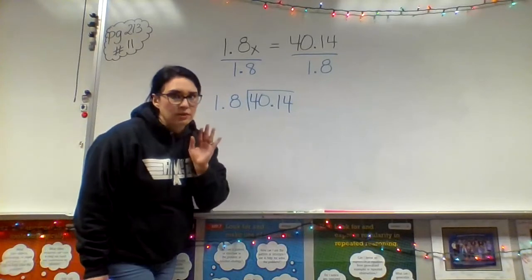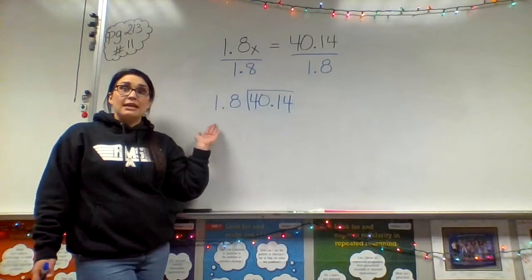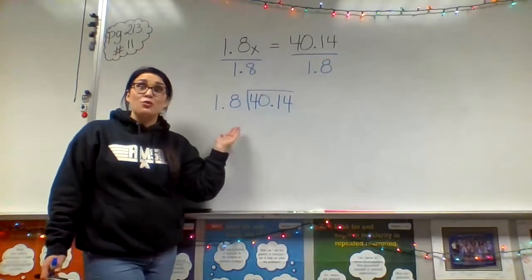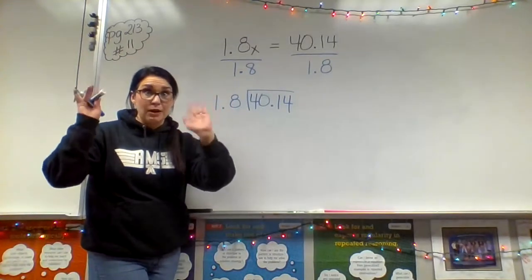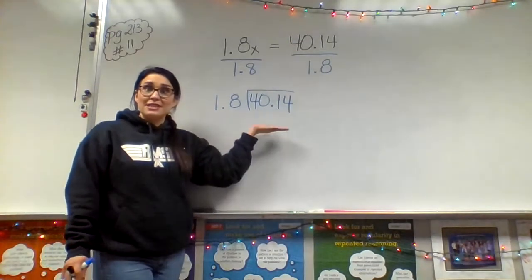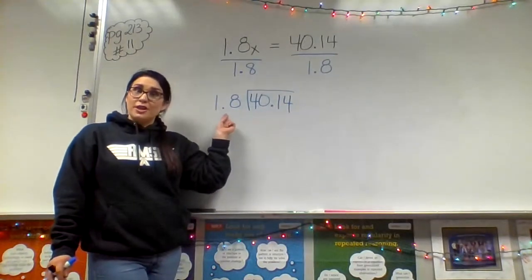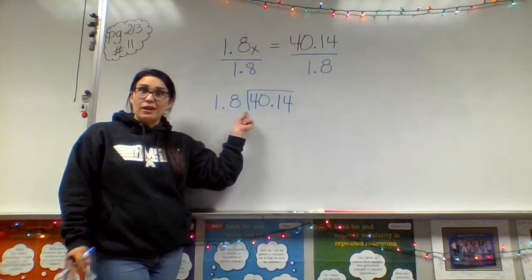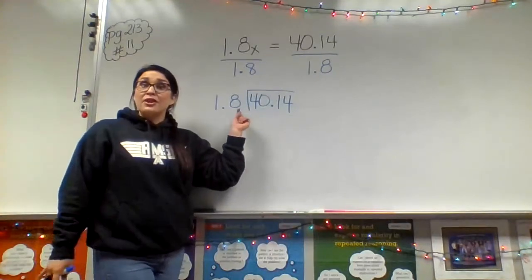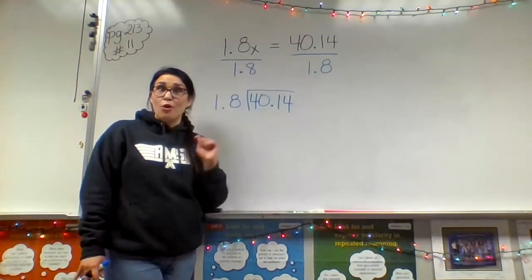What you're really doing is you're multiplying by 10, right? So that instead of 1 and 8/10, multiply that by 10, you get 18. But remember, whatever you do to your divisor over here, you also need to make sure that you do to your dividend over here. So if you're scooching your decimal back one spot over here because you're multiplying by 10, then you also need to multiply this by 10, or represent that by moving the decimal over one spot as well.